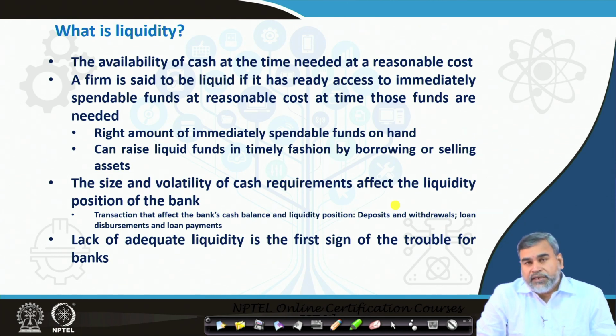If the bank needs money to fulfill the requirement or demand of certain customers or clients, then either the cash is available in ready-made form, or they should raise that kind of capital at a reasonable cost, which can be utilized to cater to the demand of the different customers. So, that is why this is a part of the availability of cash with the organization, and even if the cash is not ready-made, then they should raise it at a minimal cost.